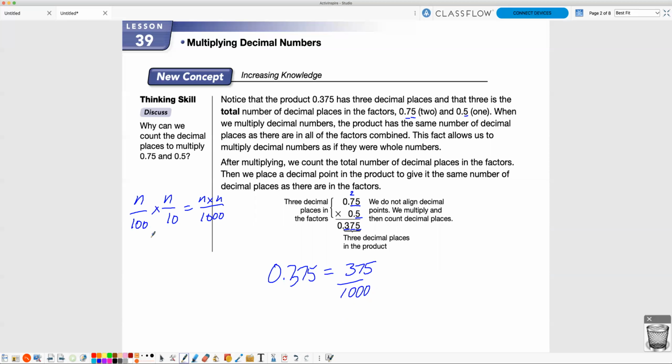So 75 hundredths is the same as 75 over 100, really. And then if you multiplied the 5/10, you see that it's going to end up being in the thousandths place for the denominator, because 100 times 10 is 1,000. And then 75 times 5 ends up being 375.